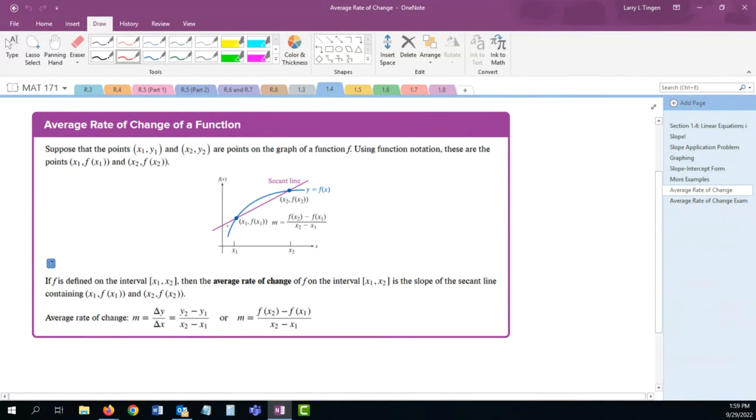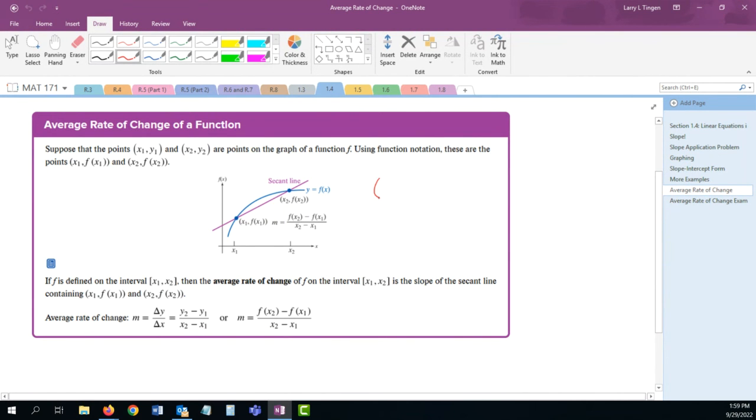And the average rate of change on that interval, okay, that interval is from x1 to x2, is the slope of the secant line containing, now they throw in a bunch of points here, it looks like it could be confusing. x1, x2, f of x1, f of x2.